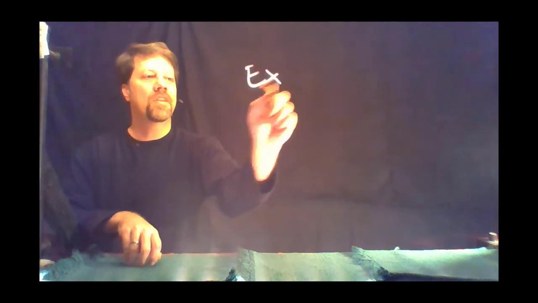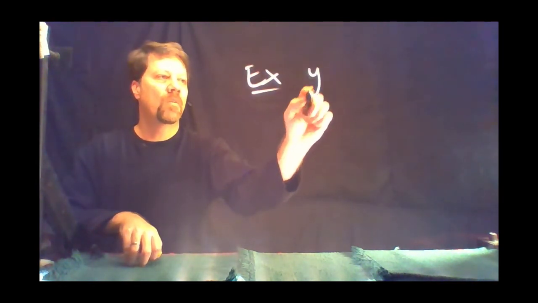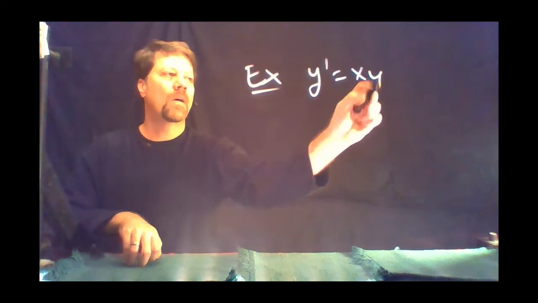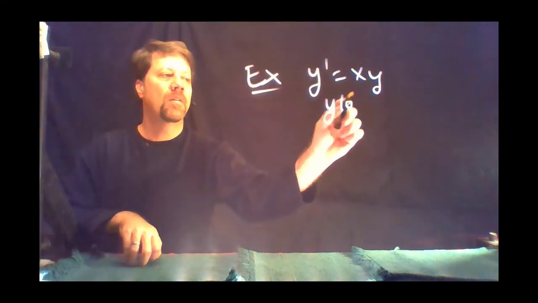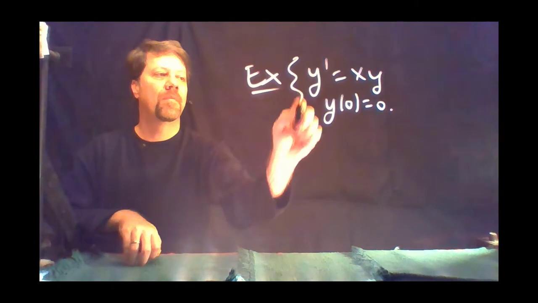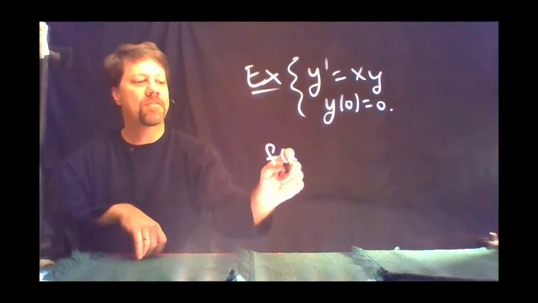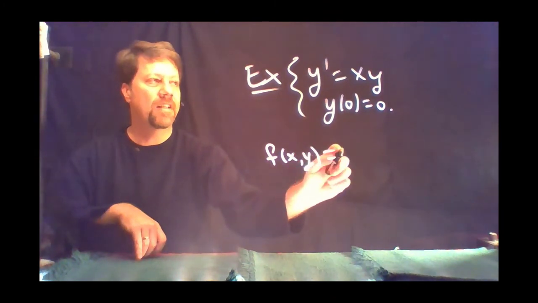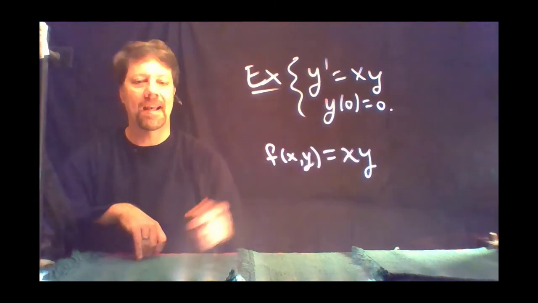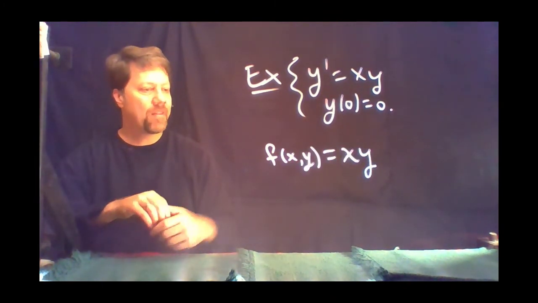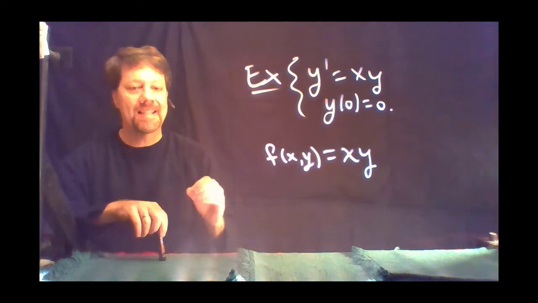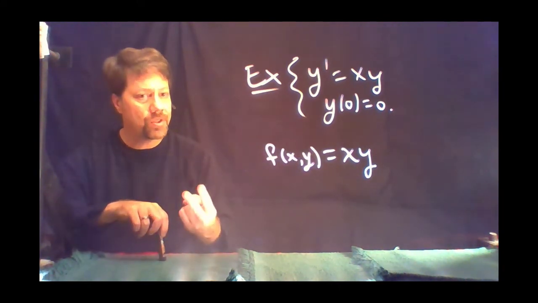As an example, consider the initial value problem y prime equals xy, y of 0 equals 0. In this particular instance, the function f is x times y. Now, the function x times y is a polynomial of degree 2.